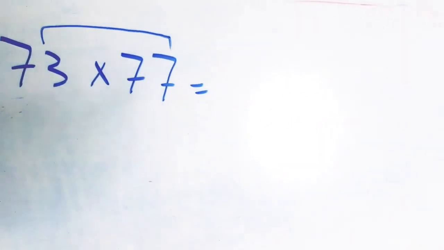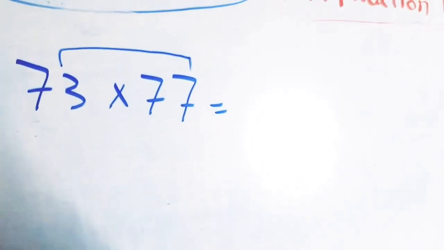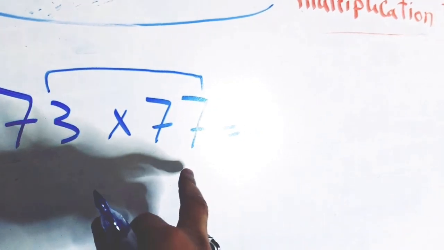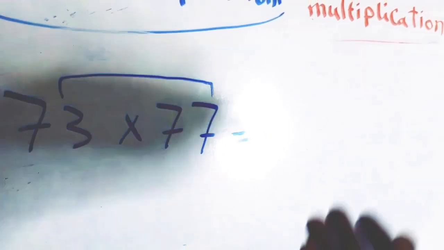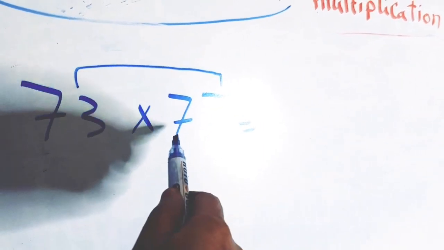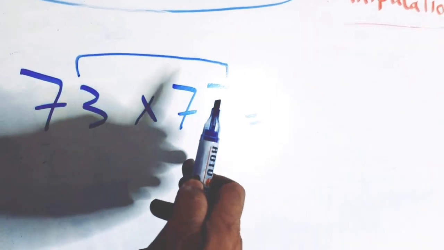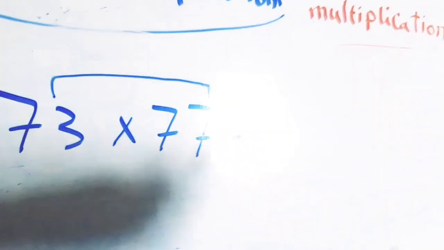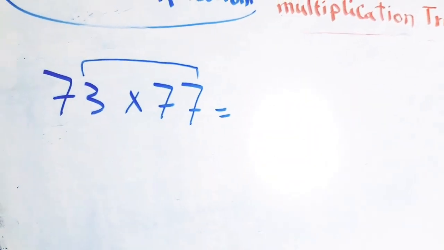What do we do if both units digits have a sum of 10, while the digits of the tens place are the same?